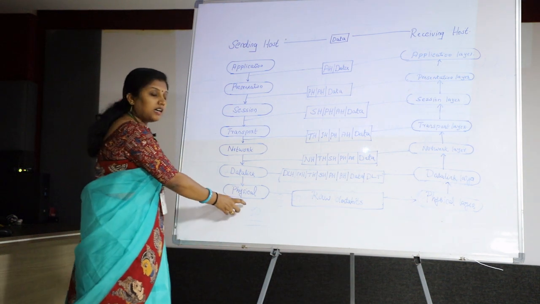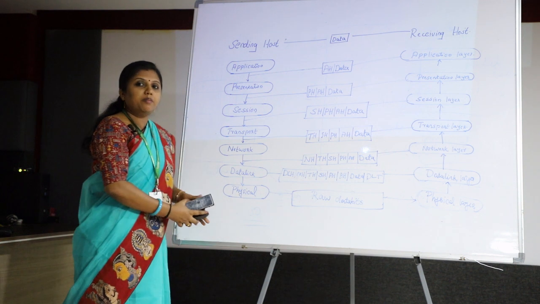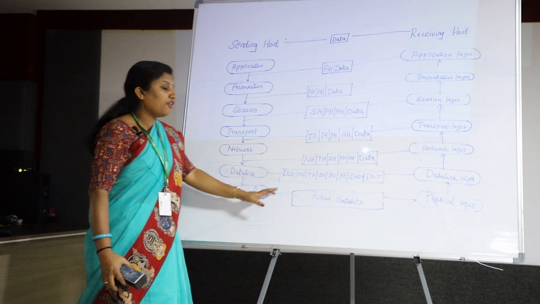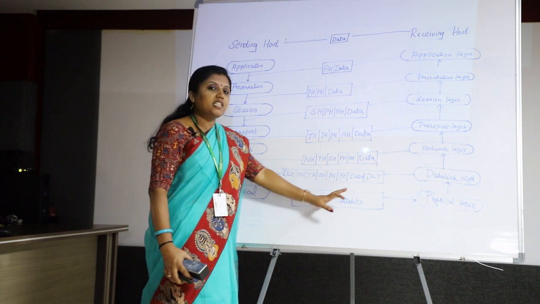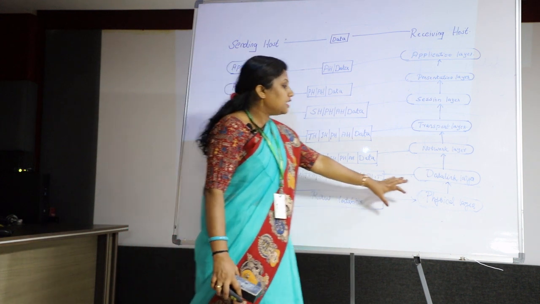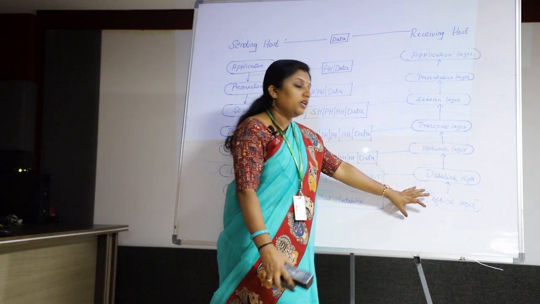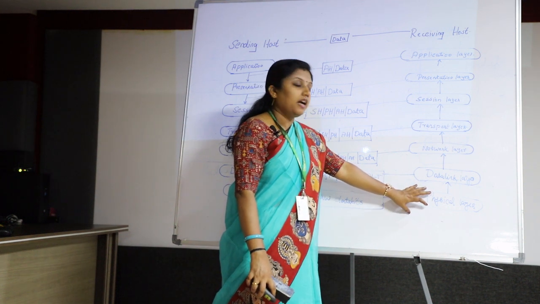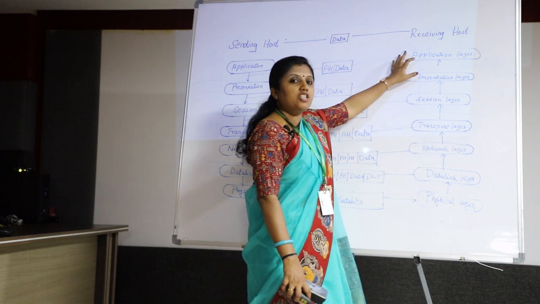Likewise, the data reaches the physical layer. At the physical layer, the data is converted into a proper format that is appropriate to the transmission medium. Upon reaching the destination, the data is converted back to its digital format and moves back upwards to the application layer.